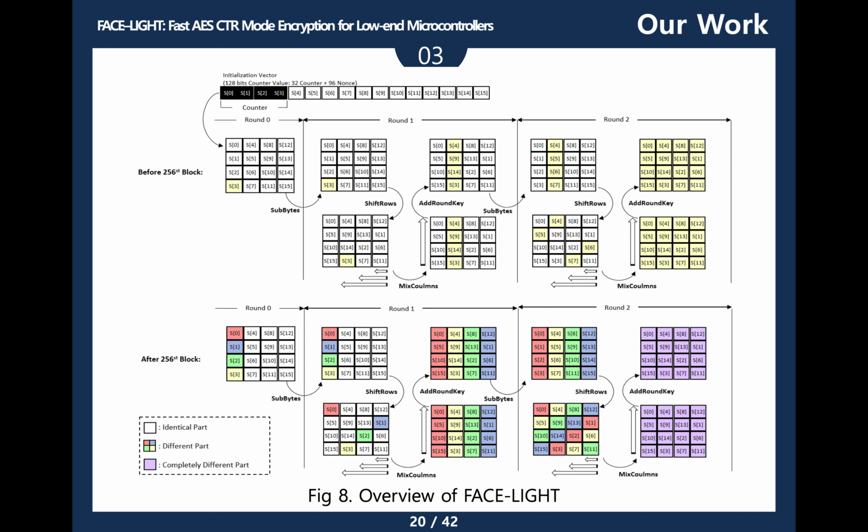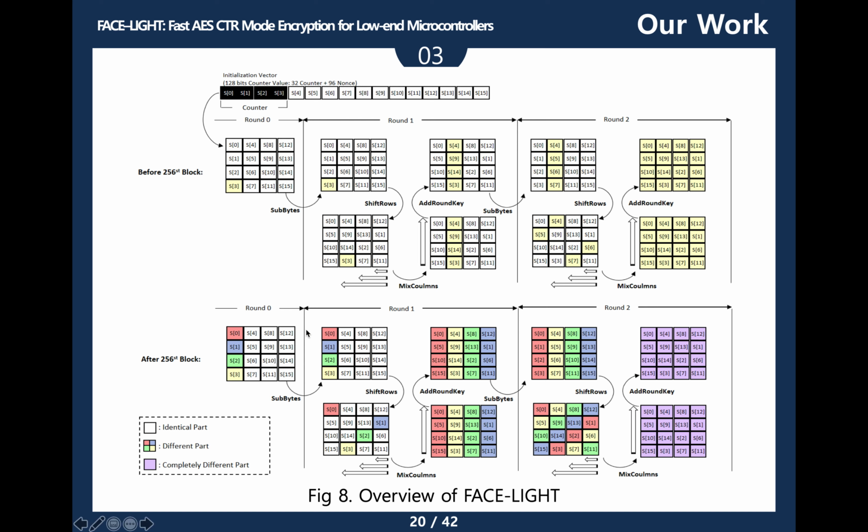In a situation like this, we can find some interesting feature about the counter value. If we paint the counter byte, we can see which counter bytes affect which value throughout the encryption process.